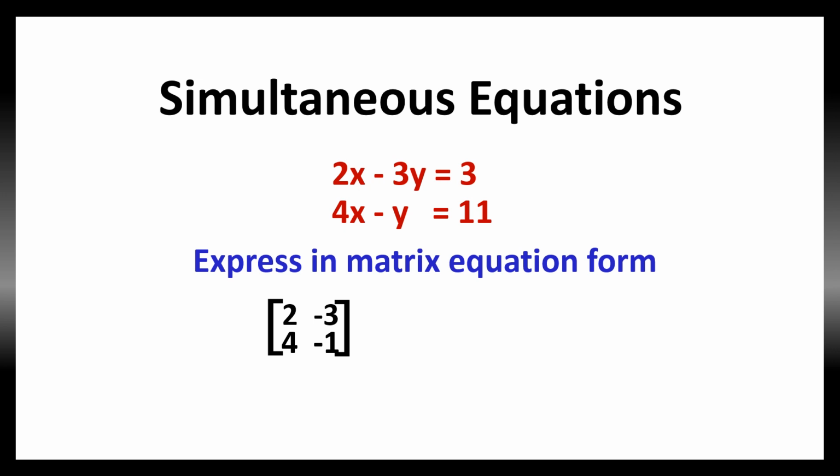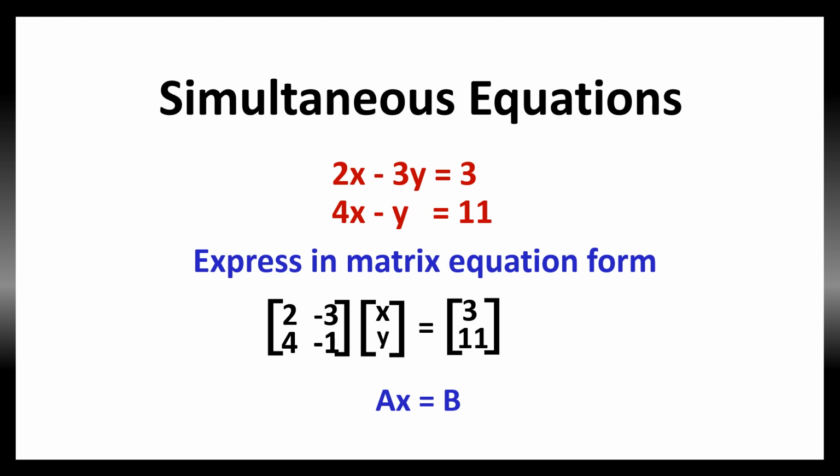And then the X matrix comprising the variables, matrix of x, y. And then that is equal to a matrix comprising the elements in the right hand side, matrix of 3, 11. Thus, we get it in the form AX is equal to B, which is the matrix equation form.